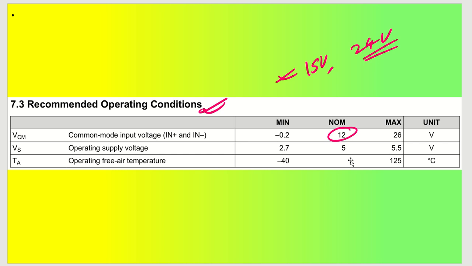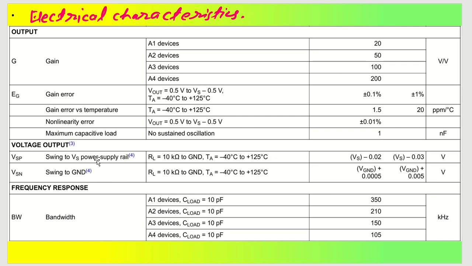We have a supply voltage, where the nominal voltage is 5 volt that you can give, and the operating temperature is minus 40 degrees centigrade to 125 degrees centigrade. That is the recommendation. We have several electrical characteristics, but we'll see what is important, or otherwise you can go ahead with the data sheet and read it very carefully with each and every parameter, but we'll see only the recommended ones.